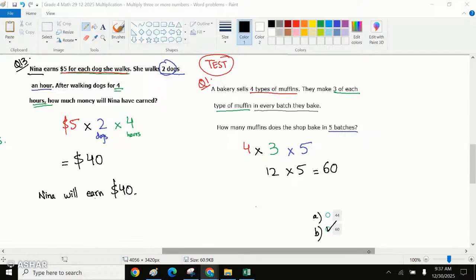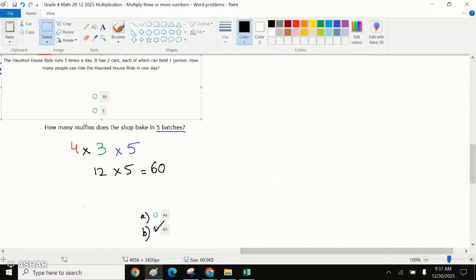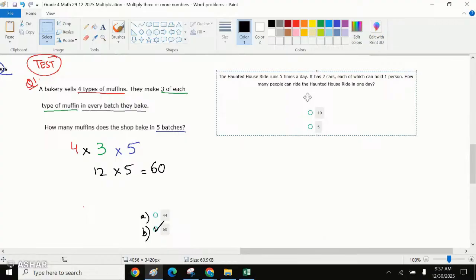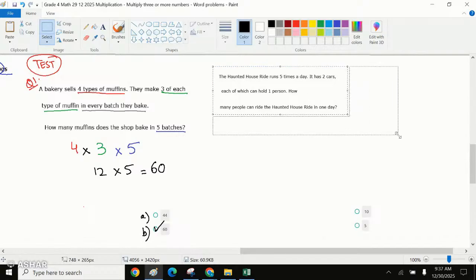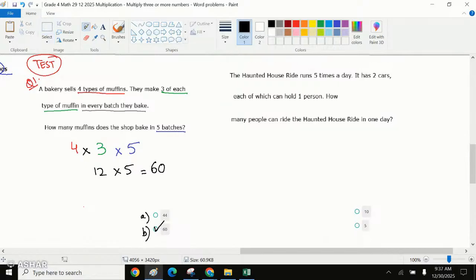Question number 2 we have, okay, let's do question number 2. Just give me some space to rephrase this. This is our question number 2. A very similar question we did, but the values have been changed.